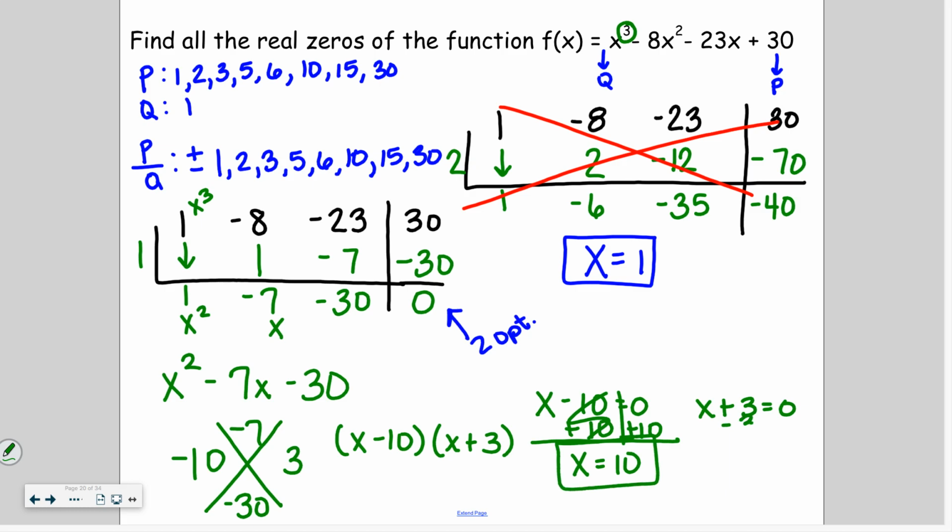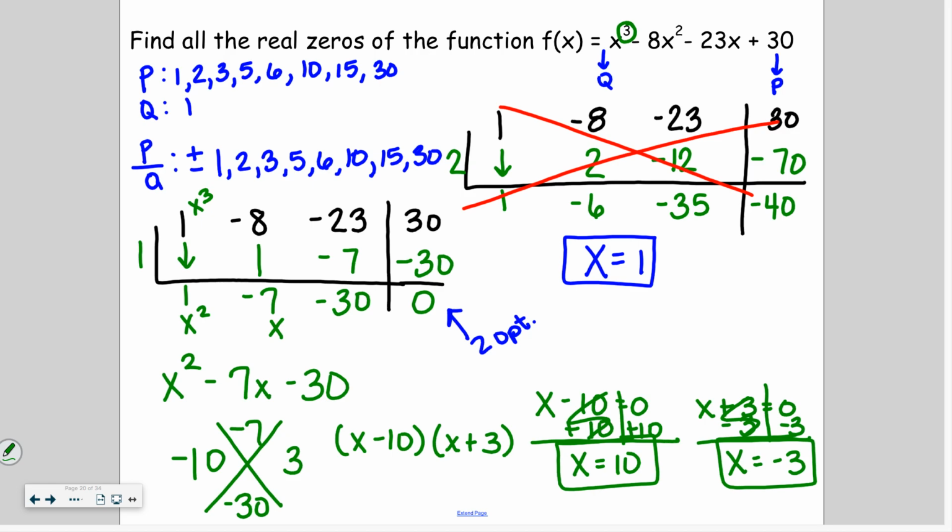And then we're going to subtract 3. x is equal to -3. Now I have all of my zeros. So if I'm graphing this, when we get ready to graph this, we'll be able to plot those points on a graph, to help you with the right graph.